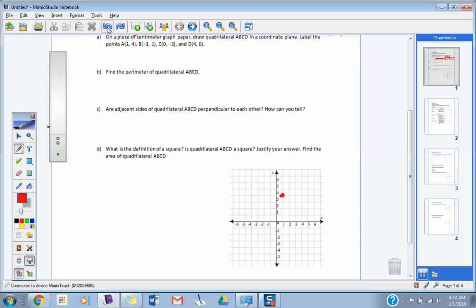So left 3, up 1. Does that look right? Okay. (0, -3), so down 1, 2, 3 right here. All right, my next one. Right 4.